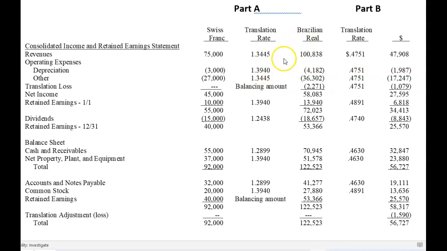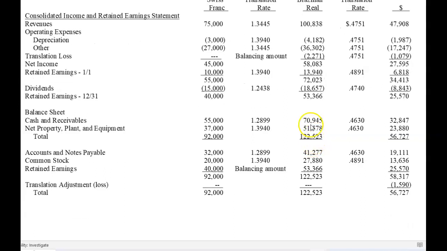So doing the multiplication across gives us a retained earnings at December 31st of 53,366. You have your assets remeasured for a total of 122,523. You have your accounts and notes payable and common stock remeasured, and then you drop the retained earnings number down here.